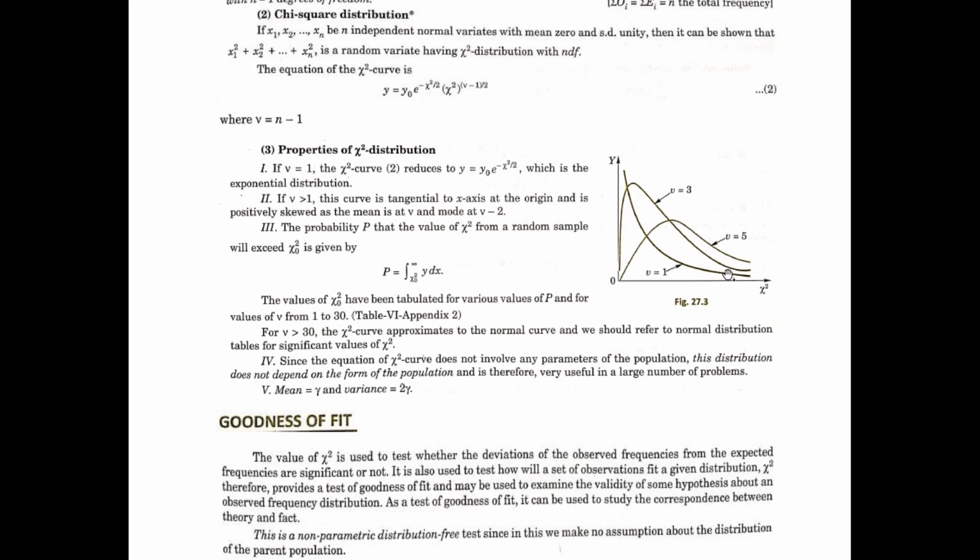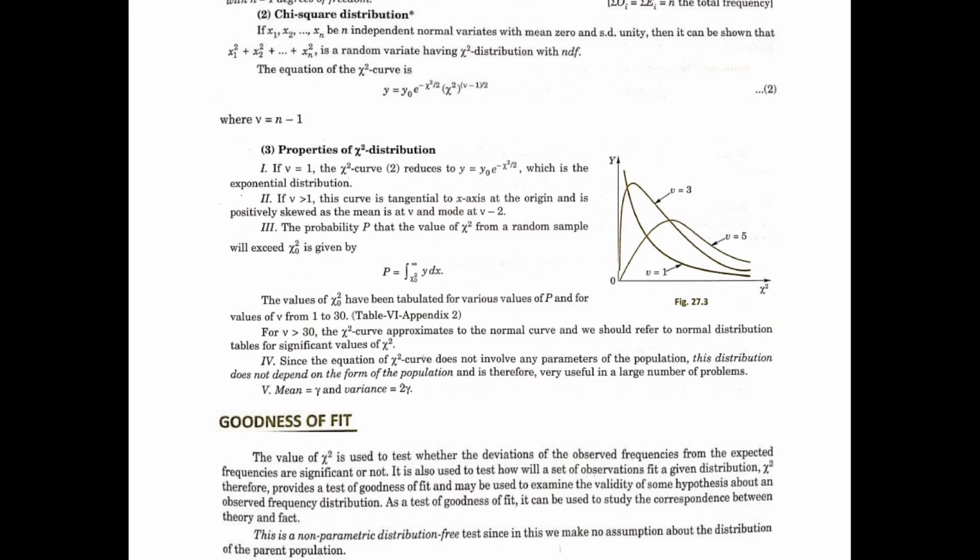If v is greater than 1, then the curve is tangential to the x-axis at the origin and is positively skewed, with the mean at v and mode at v minus 2. You can look over here.